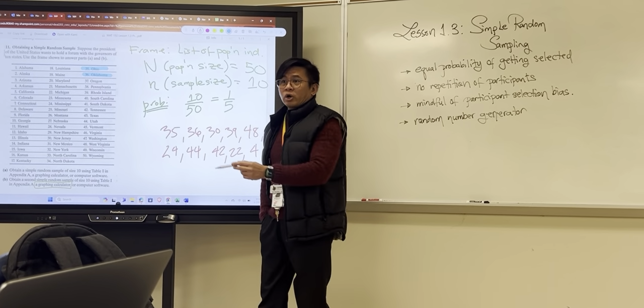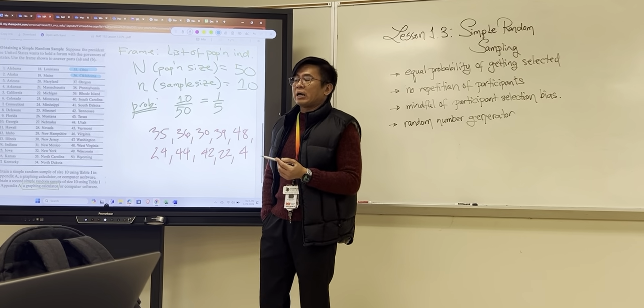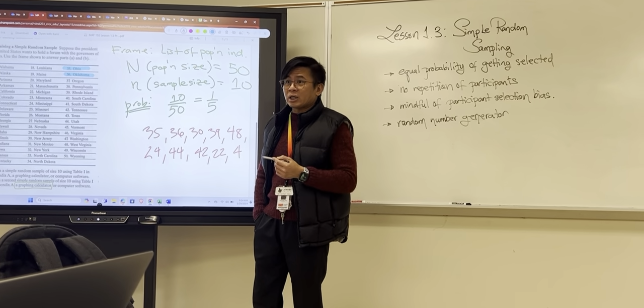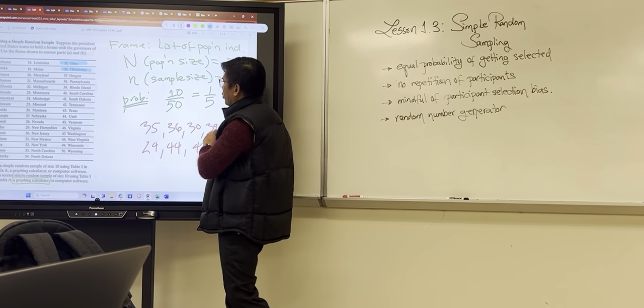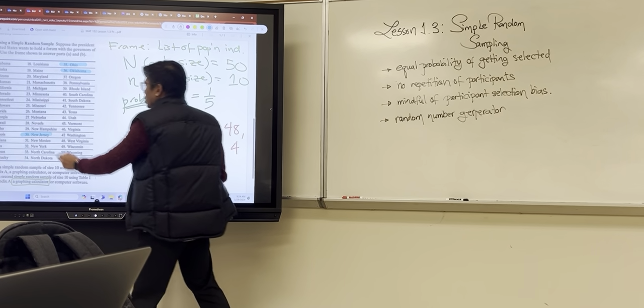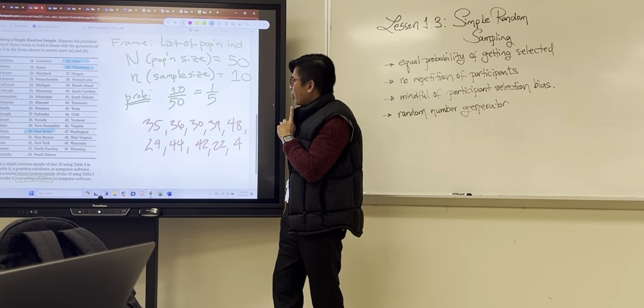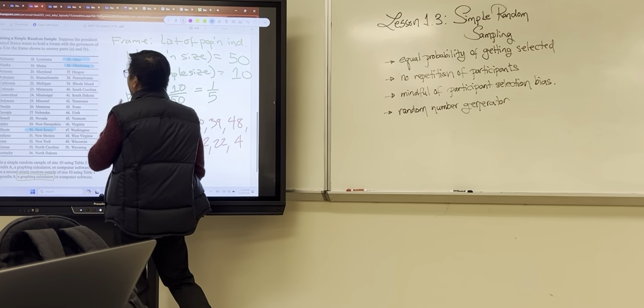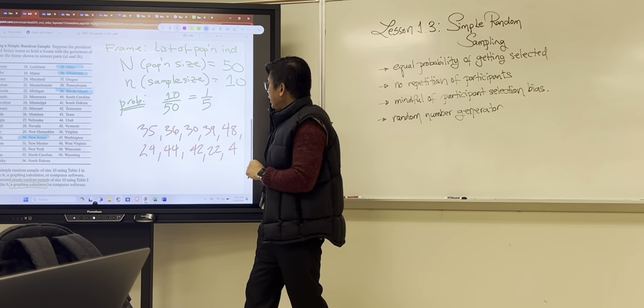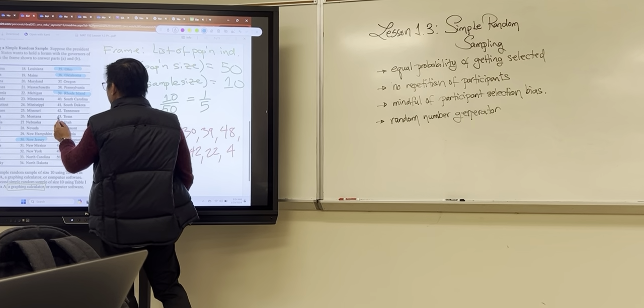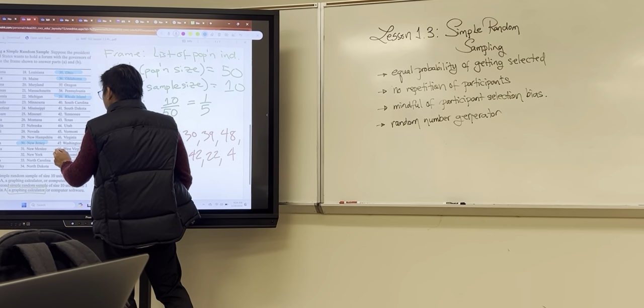Oklahoma. Again, as you may notice, our frame is listed in alphabetical order. 30, which one is that? New Jersey. 39, Rhode Island. 48, West Virginia.